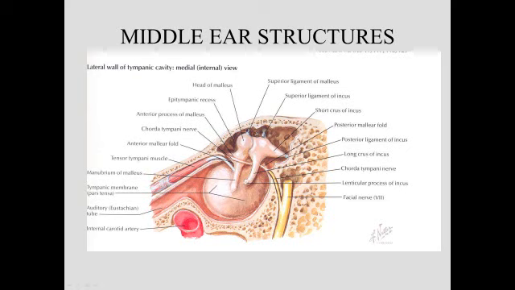Here again are those ligaments, which add to the stiffness of the system as they simultaneously allow these bones to vibrate fairly easily. This part of the incus coming down, you see this little part sticking out right there. That would actually be sticking out toward the viewer, towards us, or in toward the center of the middle ear space. And the stapes bone would fit right on top of that.